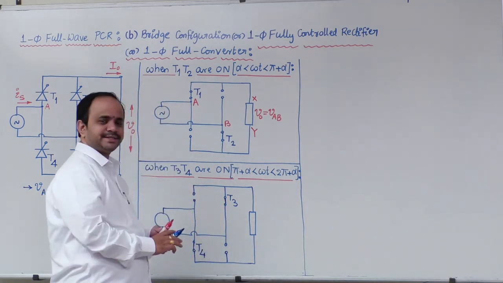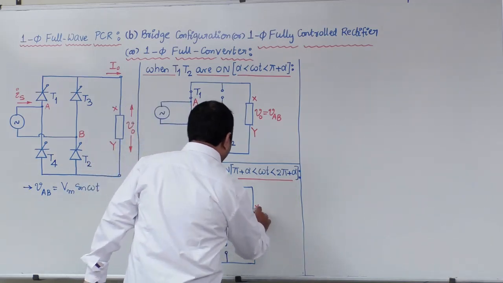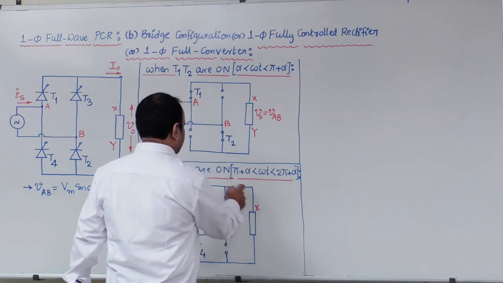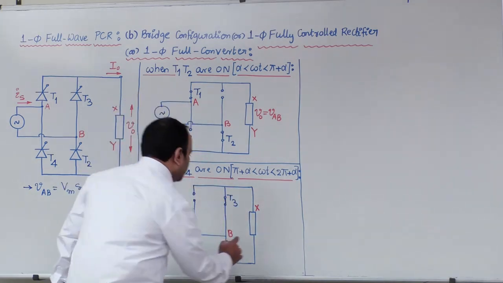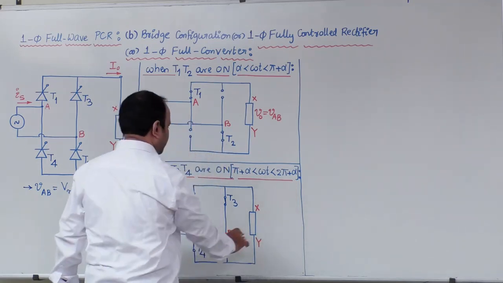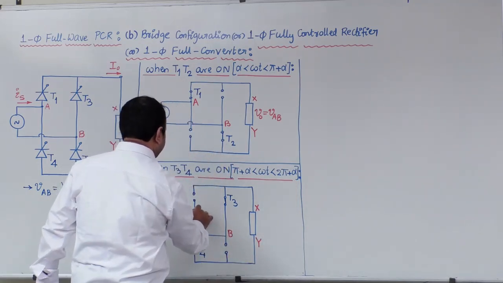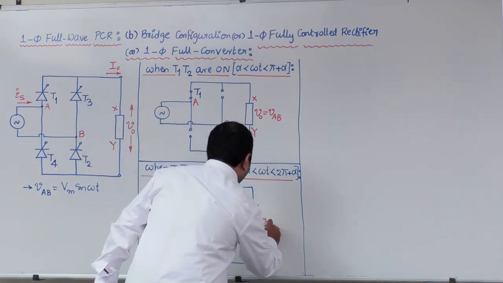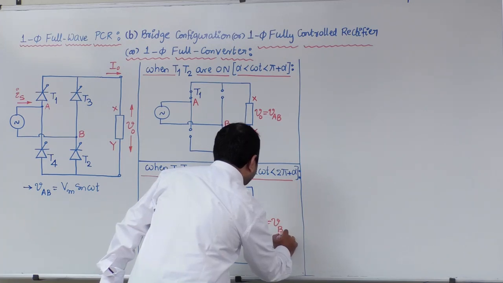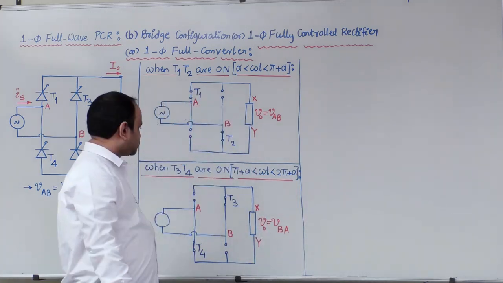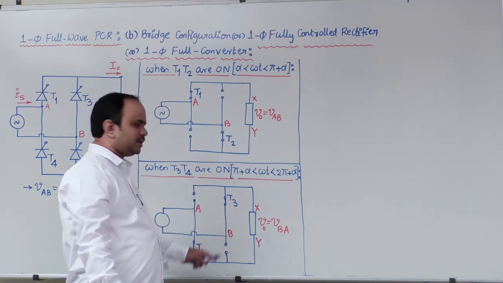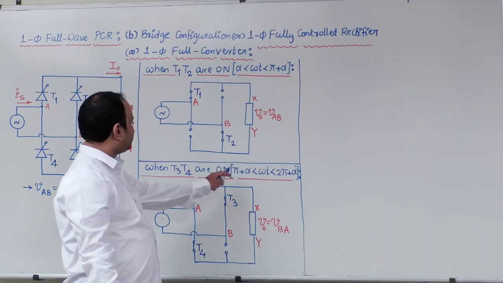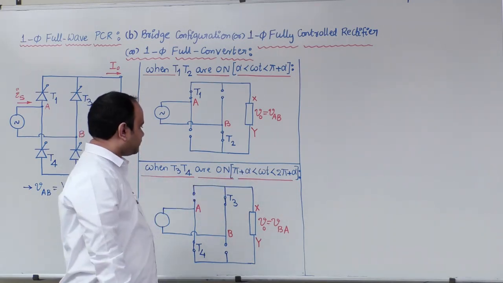On closing these two devices, the X terminal is connected to source terminal B through T3, and the Y terminal is connected to source terminal A through T4. Therefore, we will have output voltage VBA, because the load is connected between the B and A terminals. This is the equivalent circuit from pi plus alpha to 2 pi plus alpha.